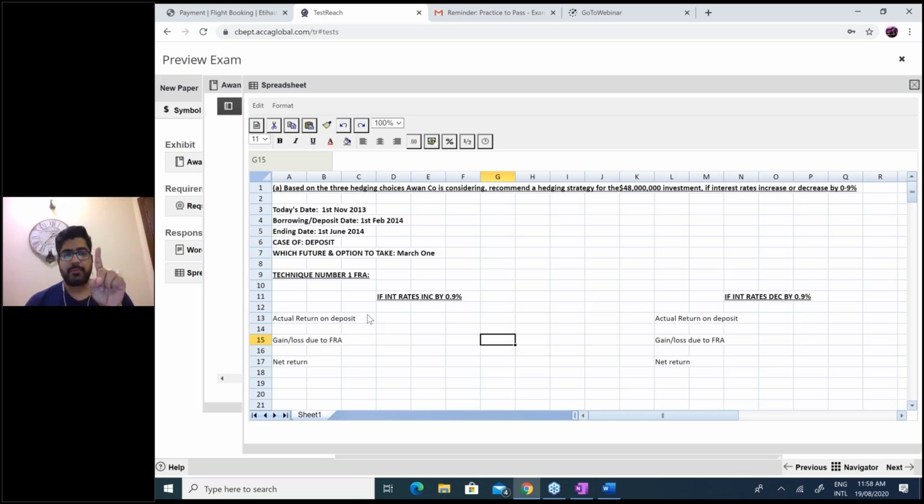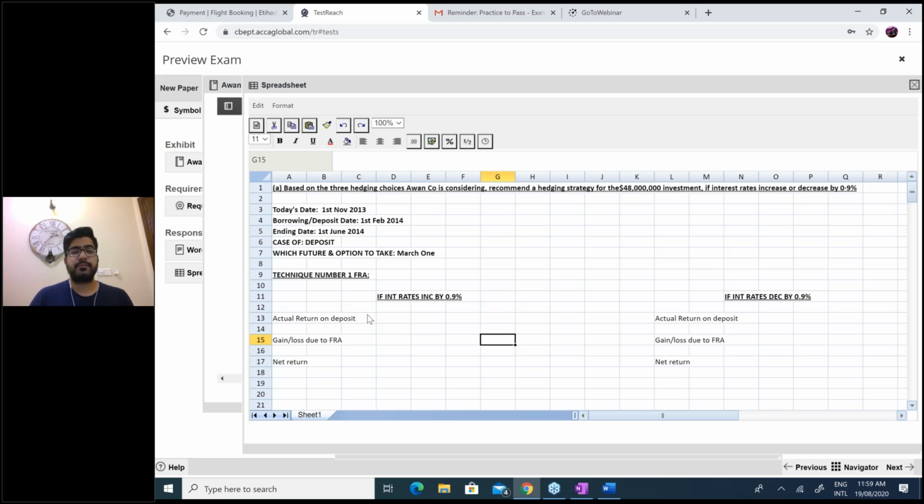You plan to borrow or deposit on 1st Feb. 1st November to 1st December, 1 month. 1st December to 1st Jan, 2 months. And 1st Jan to 1st Feb, 3 months. You need to borrow or deposit after 3 months.